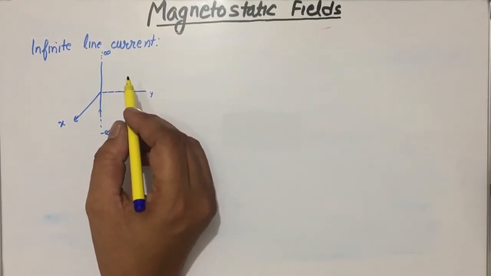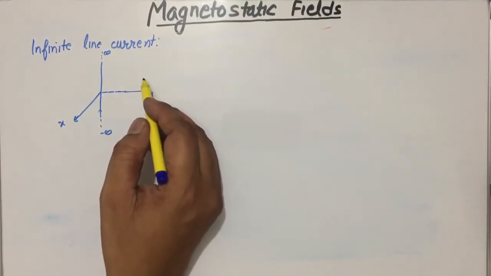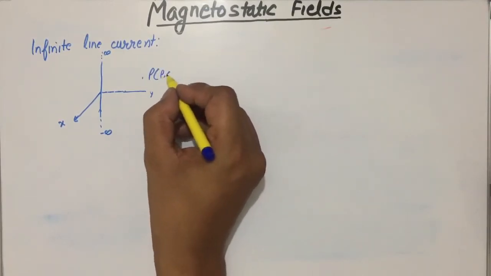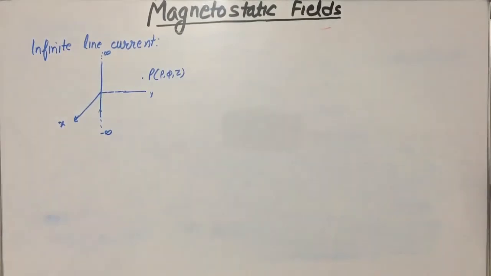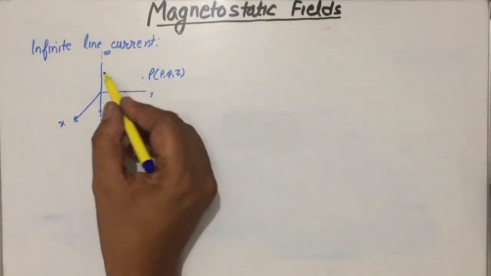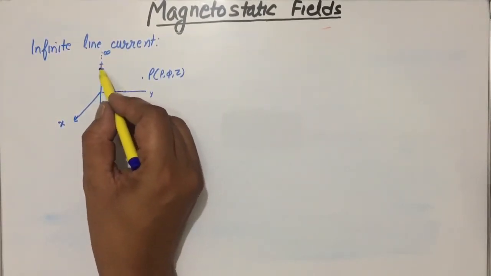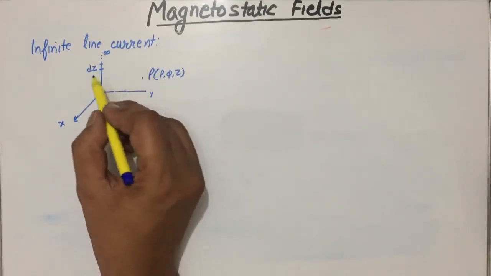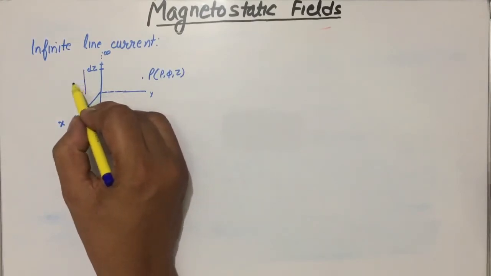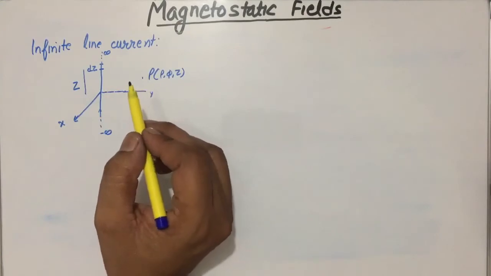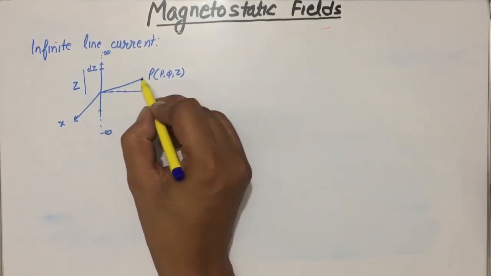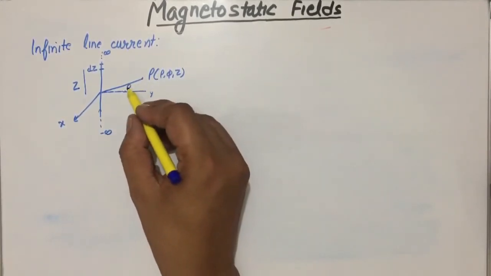Now try to find the magnetic field intensity at any point P, that is defined in rho, phi, z in the cylindrical coordinate system. According to the Biot-Savart law, consider an element here, that is dz, at a distance z away from the origin, and P is placed at a distance rho from the center.